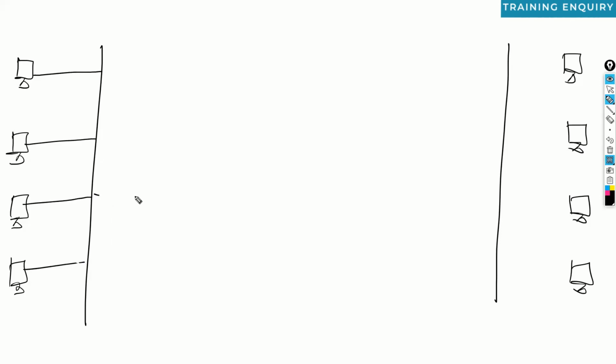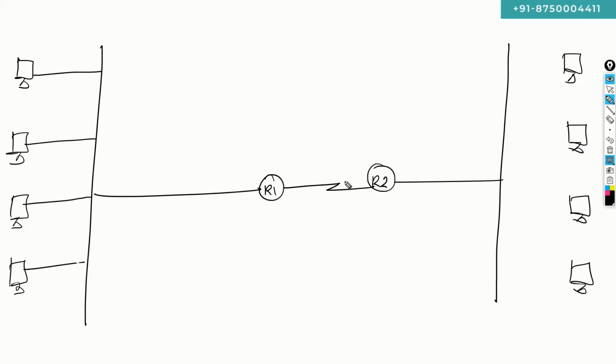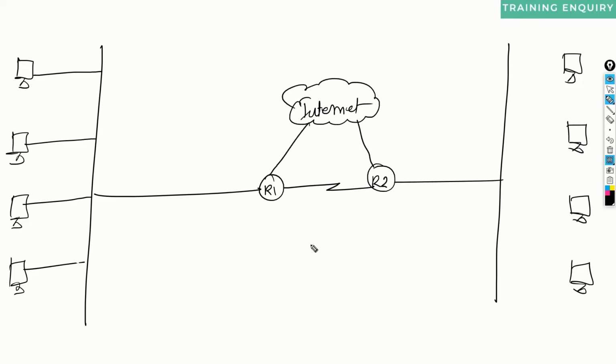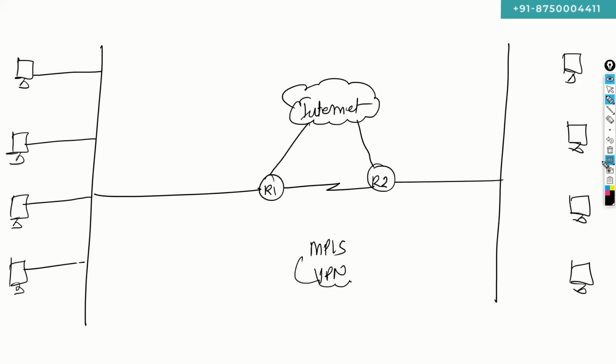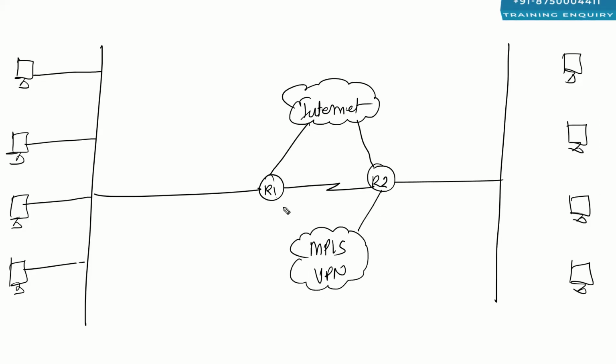That switch is connected with a router. Another switch is also connected to a router. We can connect those routers with a lease line, with the internet, or with MPLS VPN as well. So the connectivity medium can be lease line, internet, or MPLS.